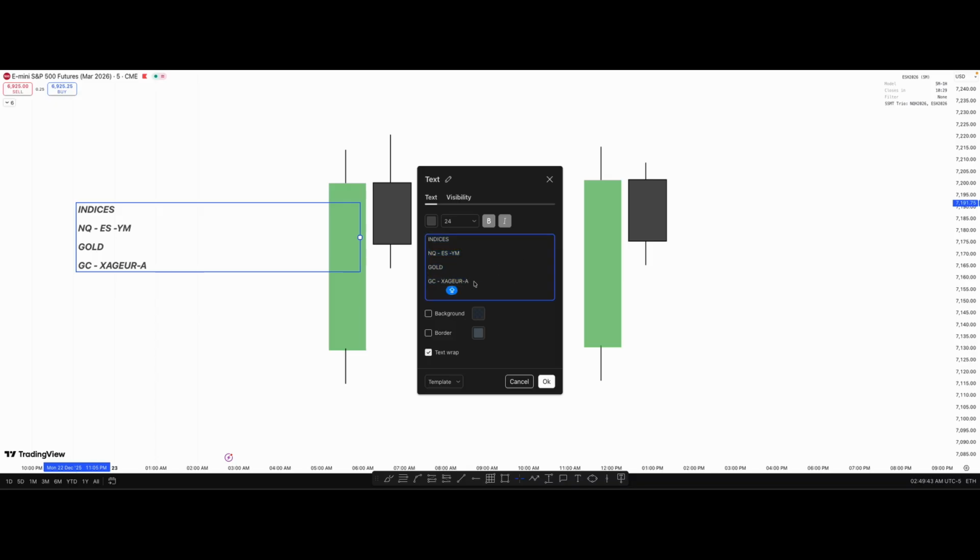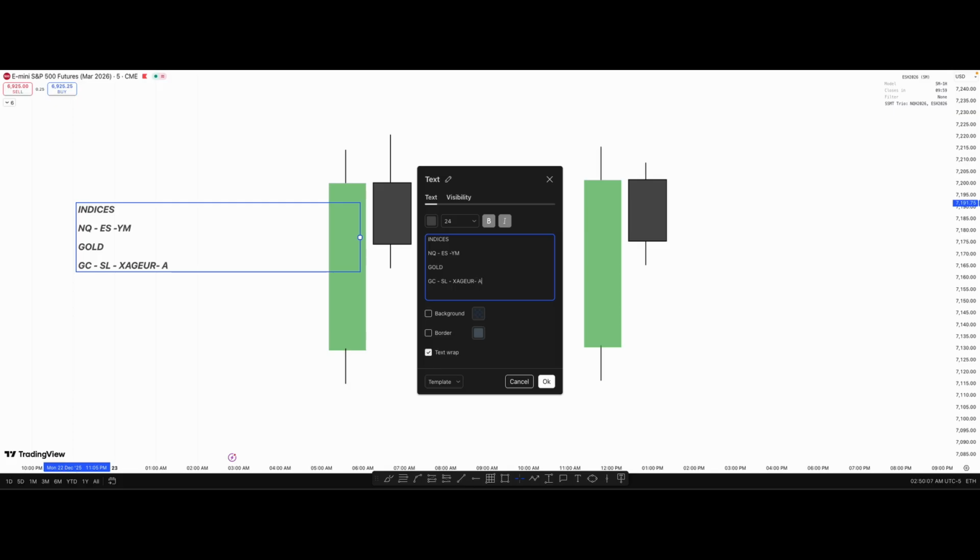For indices it is NQ, ES and YM. Gold we can use. In gold, you can use silver as one pair of the triad, or you can use XAG euro.